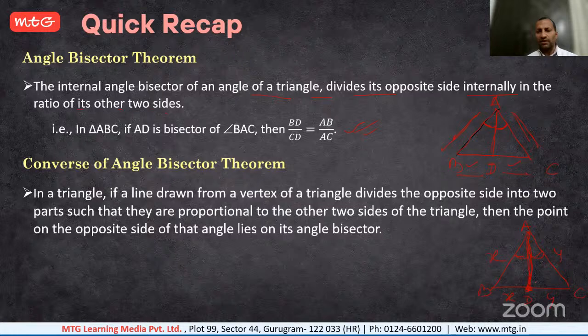Here the bisector divides the side into the same ratio. In the converse, if the sides are in the same ratio, this line will be the angle bisector. So hope you understood. If you have any doubts, please let me know.